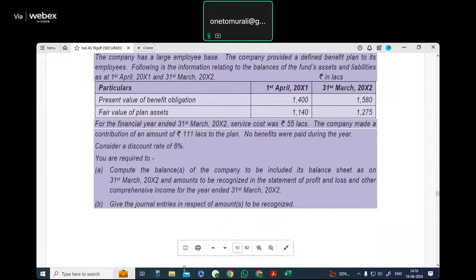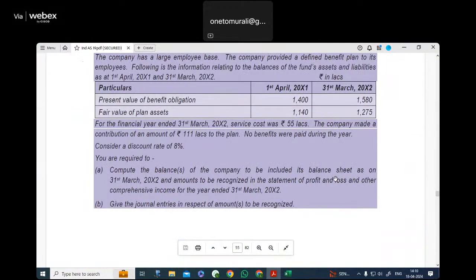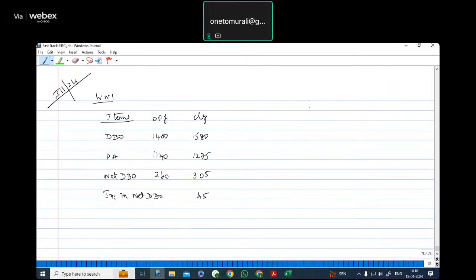Now, coming back to this discussion. The question asks to compute the balances to be included in the balance sheet and the amounts to be recognized in P&L and OCI. That we can do.